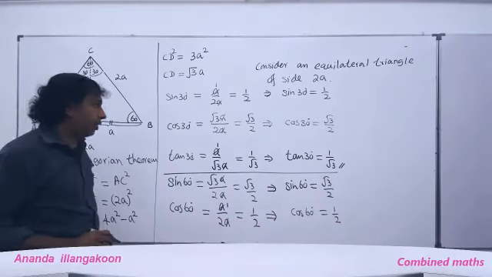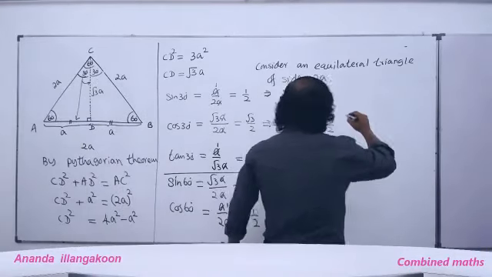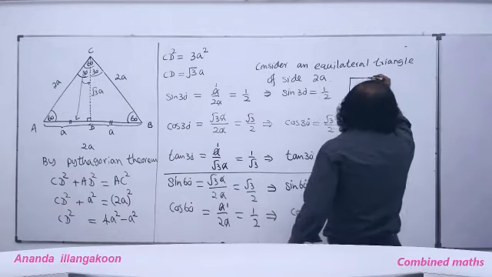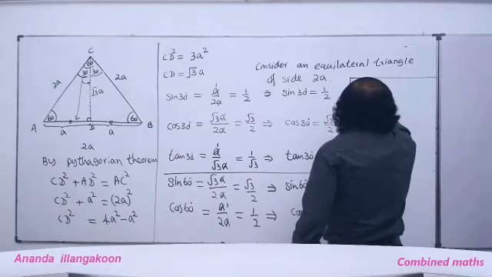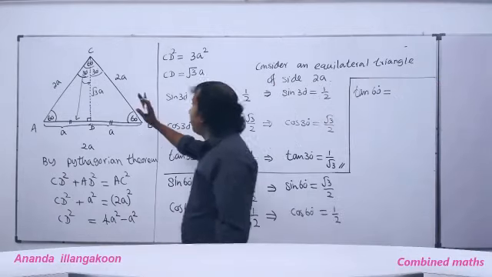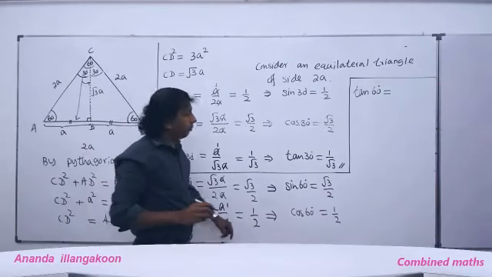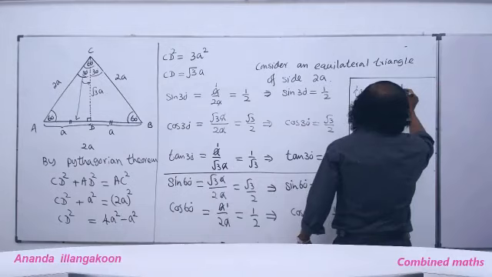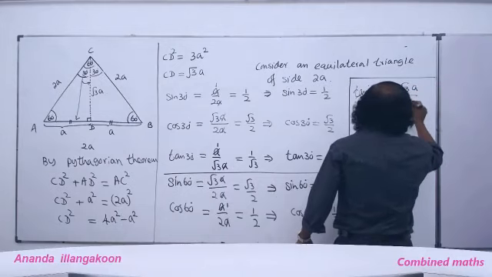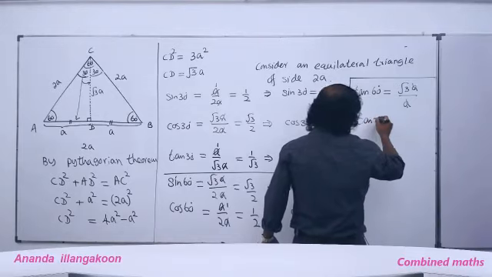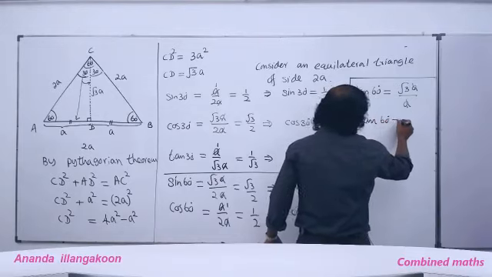Tan 60 can then be found by using the same triangle. Tan 60 is the opposite side divided by the adjacent side, root 3A by A. Here, you can cancel down this and this. That gives us tan 60 is root 3.